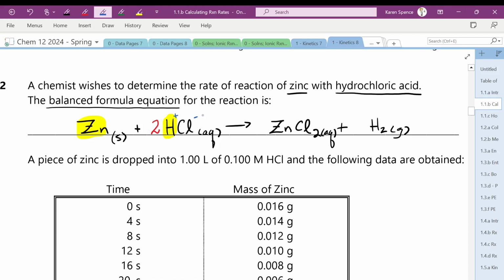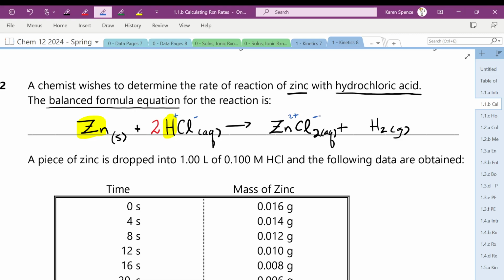You wouldn't write these, but you can put them in small for yourself so that you remember. Has zinc changed? Yes, it's changed from 0 to 2+. Has hydrogen changed? Yeah. It's changed from H+ to neutral. How about chloride? Chloride was negative, chloride is still negative, so it has not changed.